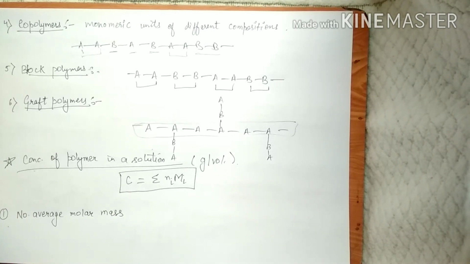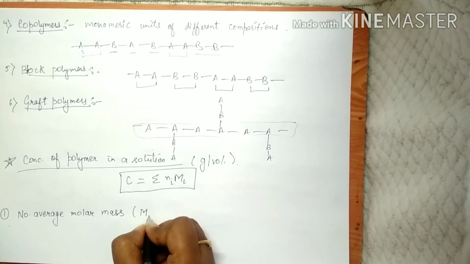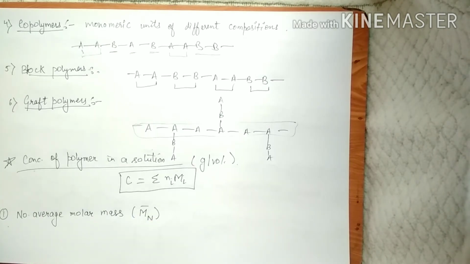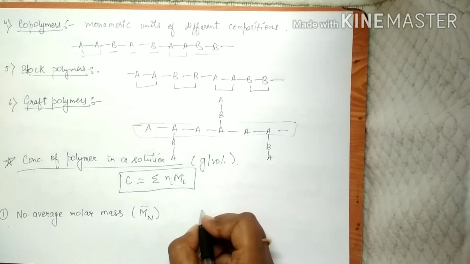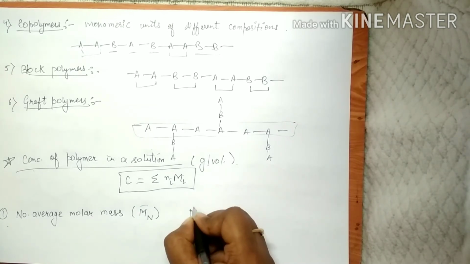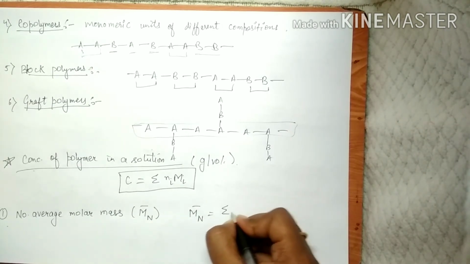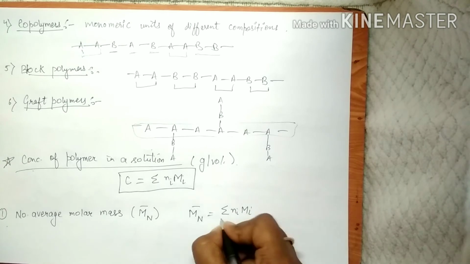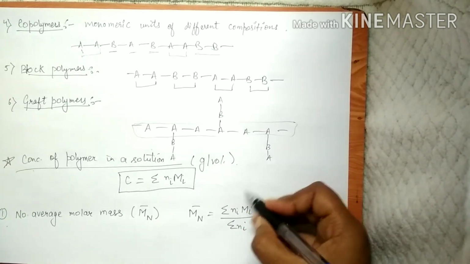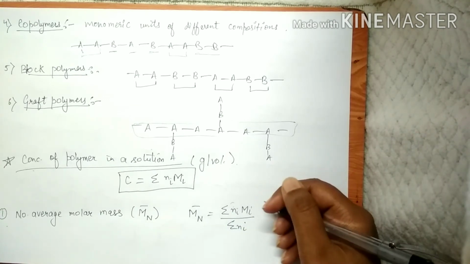Number average molar mass is represented like this: M to the base capital N bar. Okay, and the formula for number average molar mass is Mn bar is equals to sigma Ni Mi upon sigma Ni, where N will be your number of monomeric units and capital M will be the molar mass.